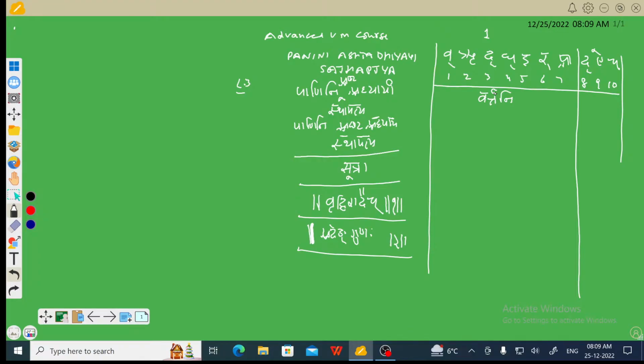These 10 letters, when put in this sequence: first is Va, second is Ri, third is Da, fourth is Dha, fifth is I, sixth Ra, seventh A, eighth Da, ninth A, and 10th Cha. This sequence of the letters, this placement of the composition, is called Vartani. This is the first thing to be known.